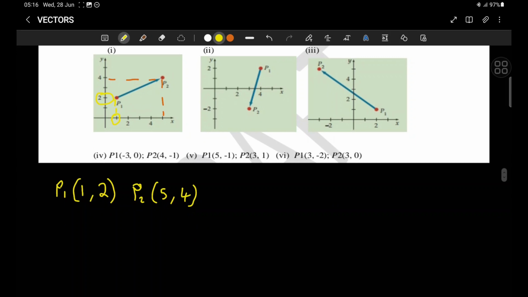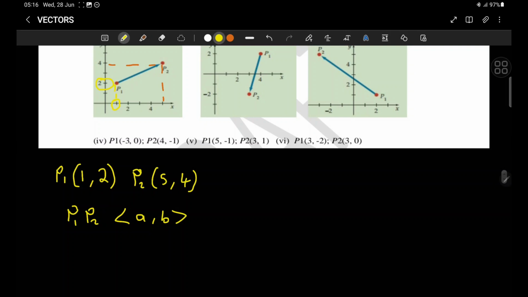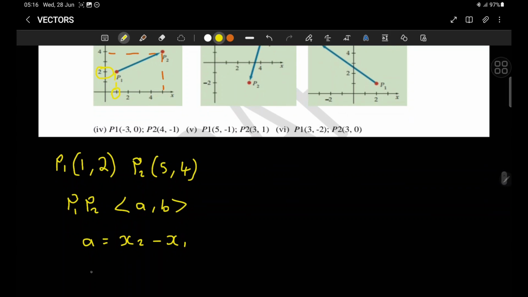So finding the components, the components are of this format. The components we're looking for are a and b, and the way we can find them is that a is equal to x2 minus x1, and similarly b is y2 minus y1.